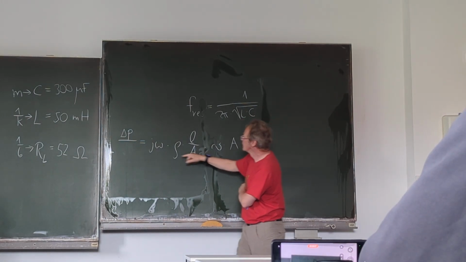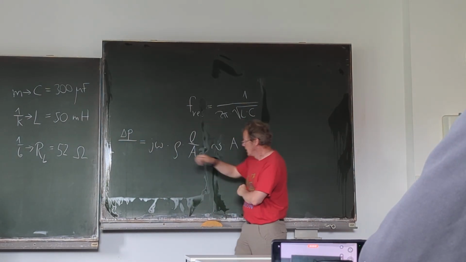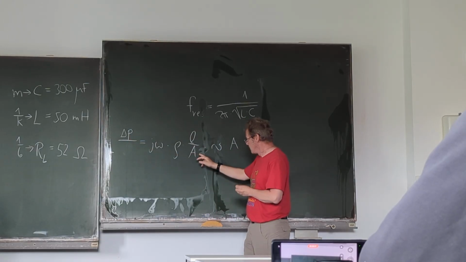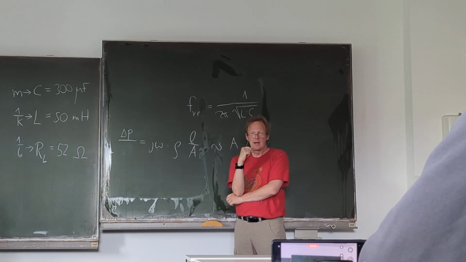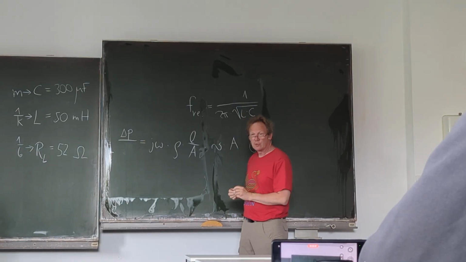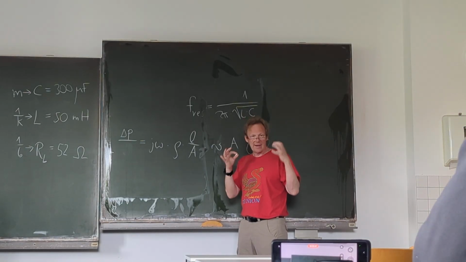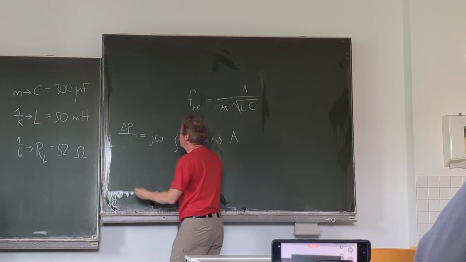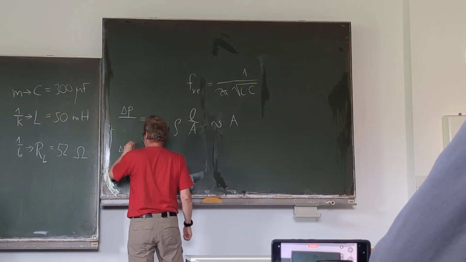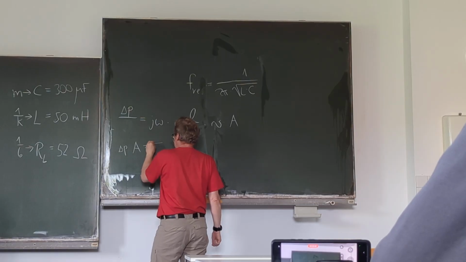Okay, and then let's not cancel this. Let's put this up on the left side. The pressure difference multiplied with the cross-section area, well, pressure times area, is the force. So there's a certain force on this package of air in the pipe. So delta p times A is force.